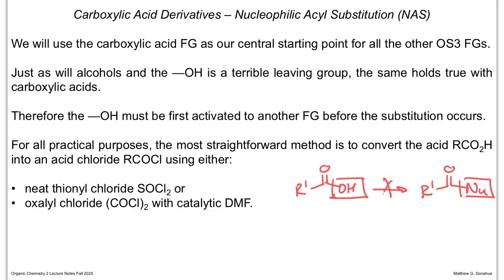So there's 2 common ways of doing that. One is with thionyl chloride, and the other one uses oxalyl chloride and a catalytic amount of DMF. We'll show the conditions and mechanisms for that. But once we have the acid chloride made, any substitutions just follow that NAS mechanism.